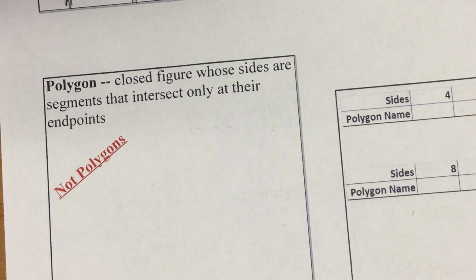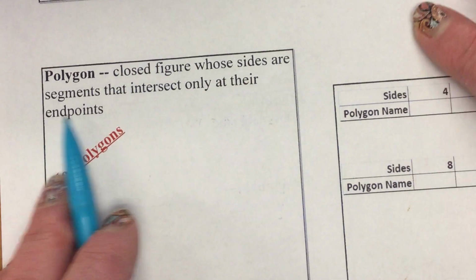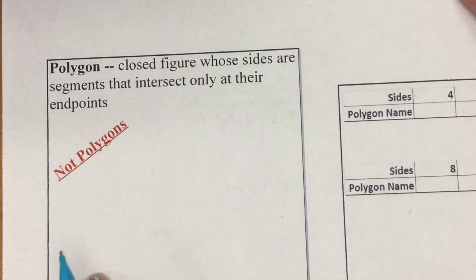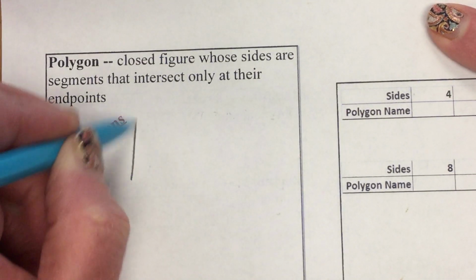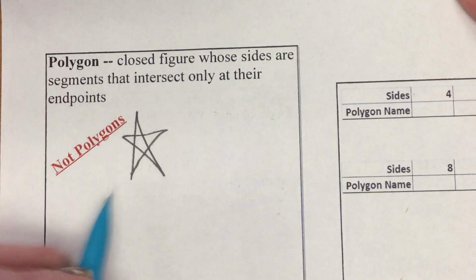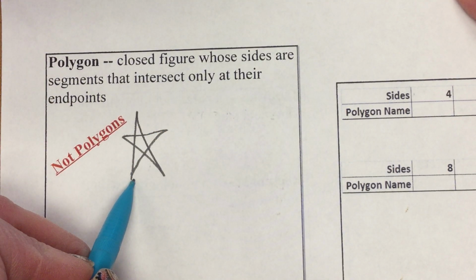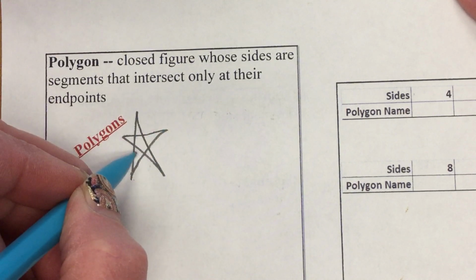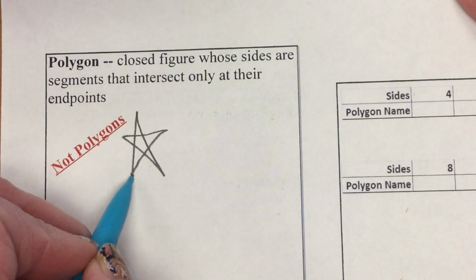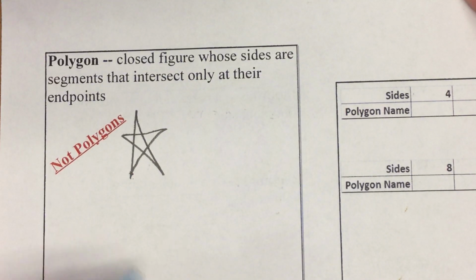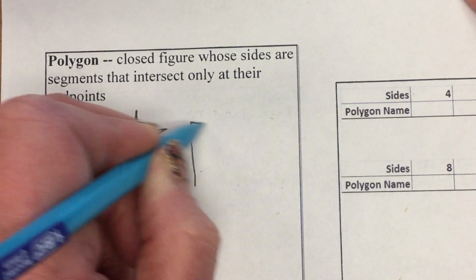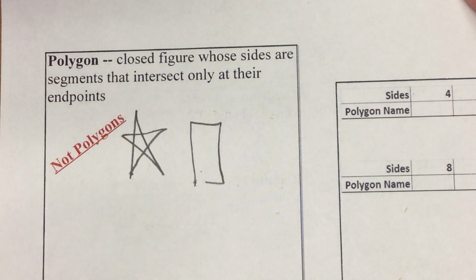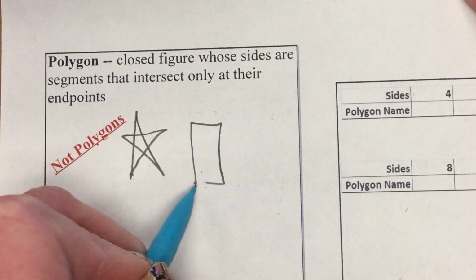If a polygon is a figure whose sides are segments that intersect only at endpoints, things that are not polygons would be a star that looks like this. Because even though I end up where I started from, I crossed over the lines. They can't intersect unless it's at an endpoint. Here, that's not a polygon. It's made of segments, but it doesn't connect.